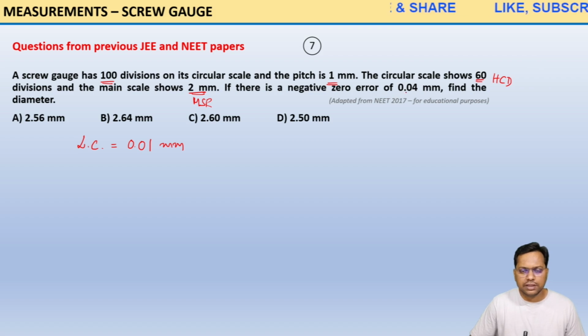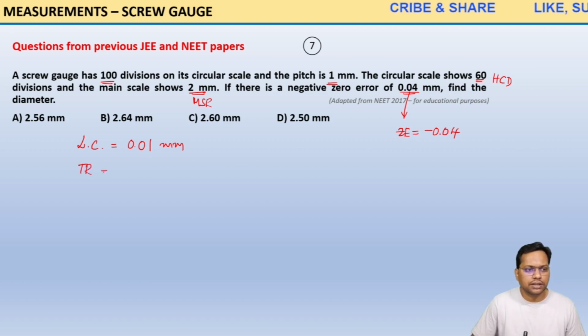The screw gauge also has a negative zero error, that is minus 0.04. Now we go for the total reading calculation: total reading is equal to MSR, that is 2, plus HCD, that is 60 into 0.01.